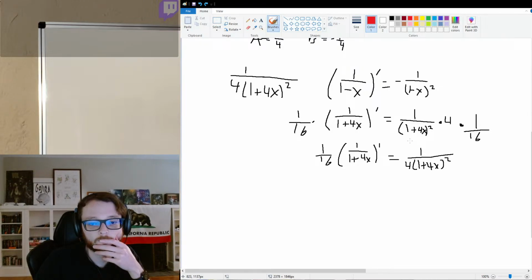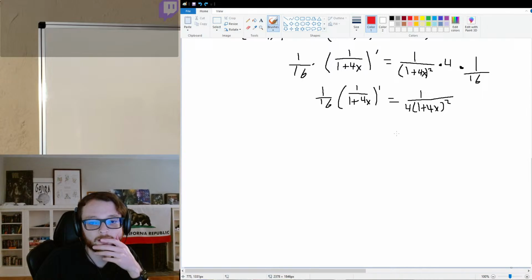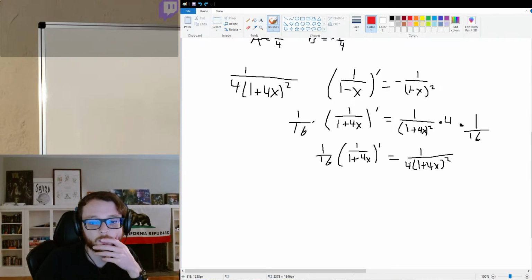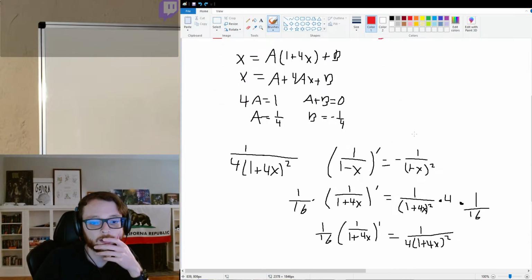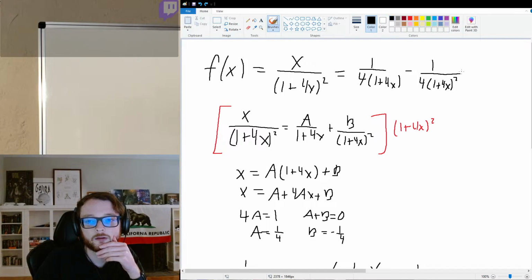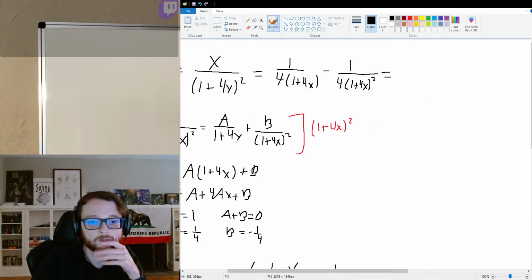I'm going to take this little identity that we made here, because we know we have the 1 over 4 times 1 plus 4x squared right here. And we also have it here. So I'm going to replace it with this little derivative thing that we have. So 1 over 4 times 1 plus 4x. This is the same as the first term from the left side.